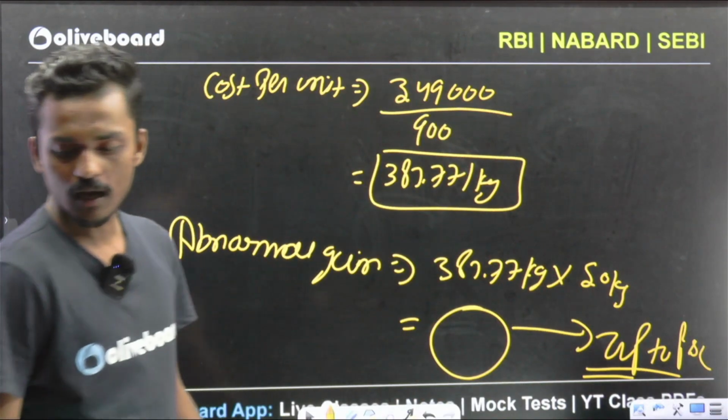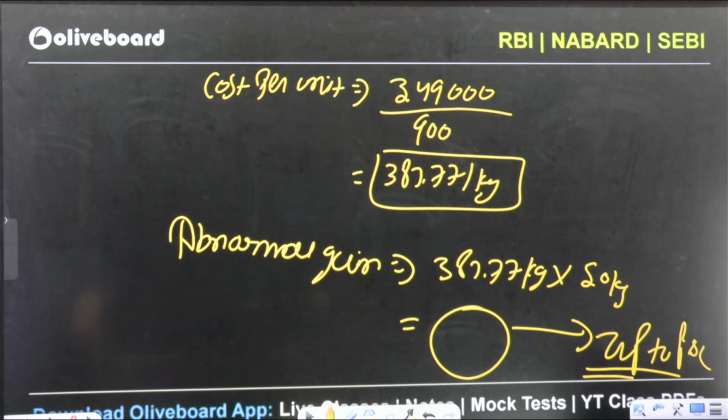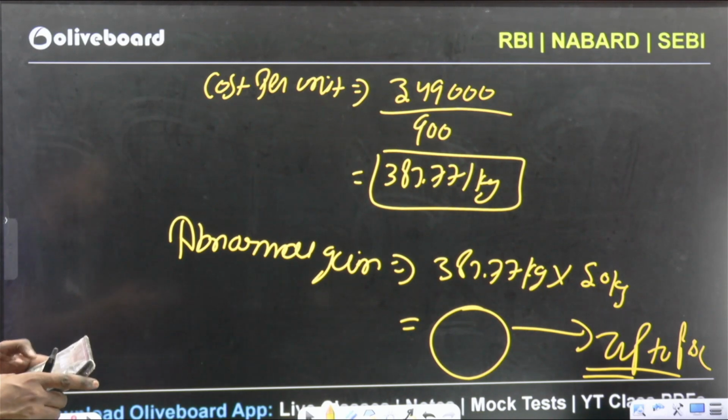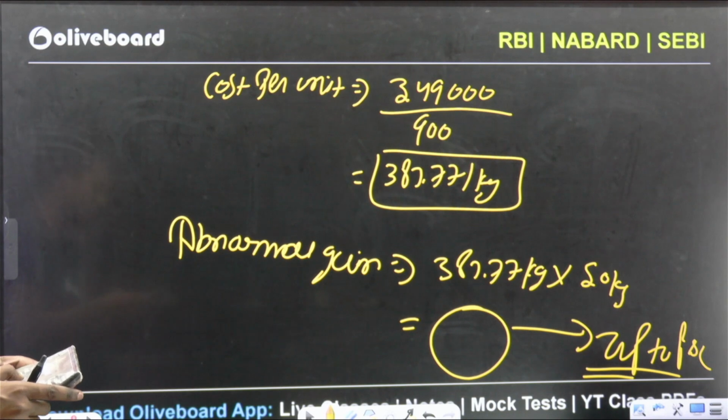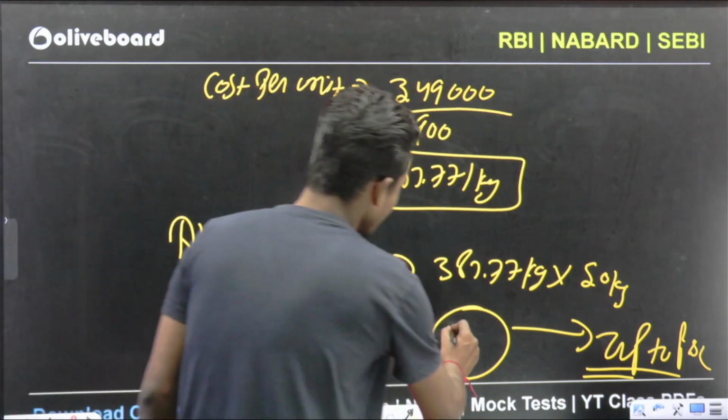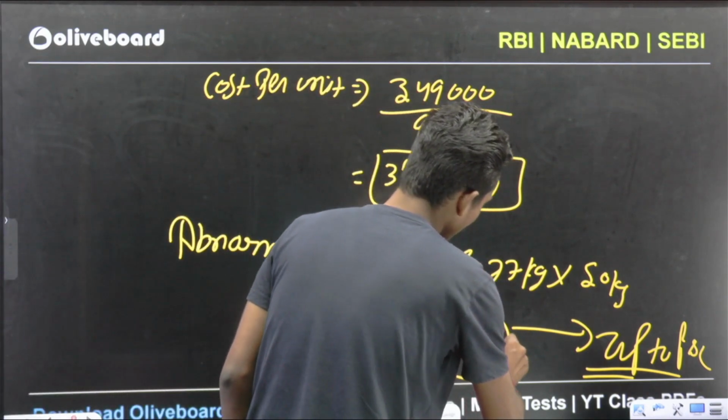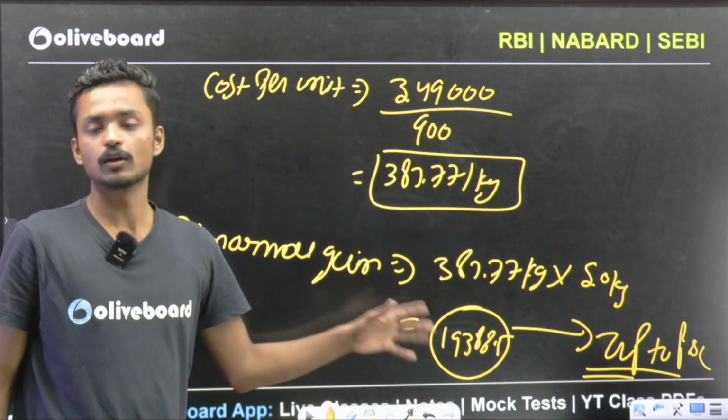So this is your abnormal gain treatment. I hope right now you are able to understand. 387.77 multiplied by 50 gives 19,388.5, and that is your gain.